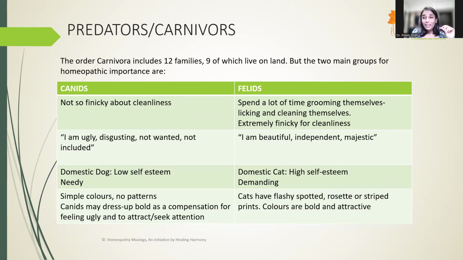The main delusion of the dog will be that I'm ugly, I'm disgusting, I'm not wanted, I'm not as beautiful. The main idea in felids is that I'm the queen, I'm majestic, I'm beautiful, I'm the top of the universe. So they have high self-esteem as versus the dogs.